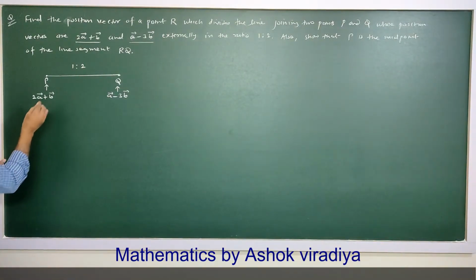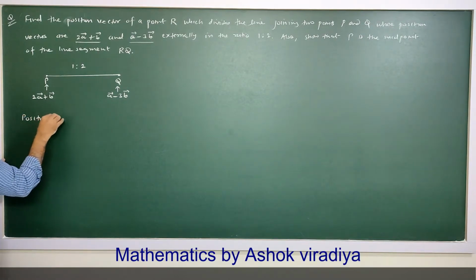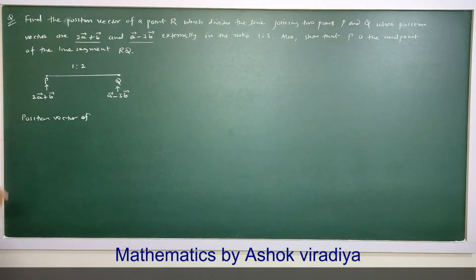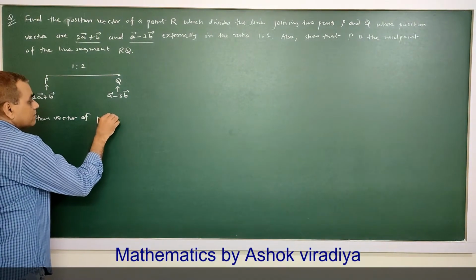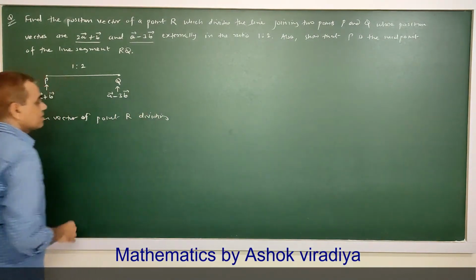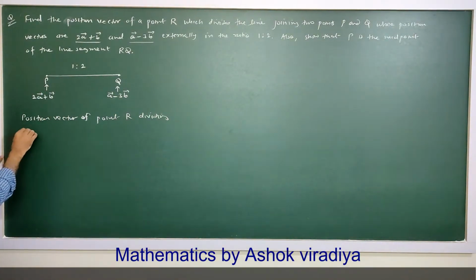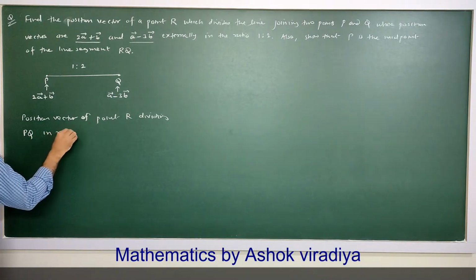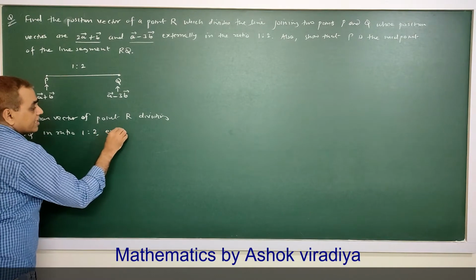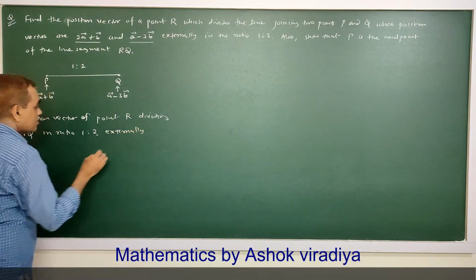The question is to find the position vector of point R dividing the line segment joining P and Q in the ratio 1 is to 2 externally.